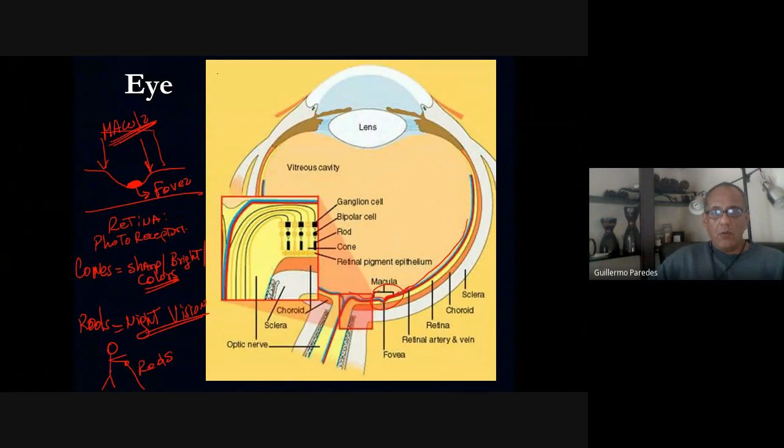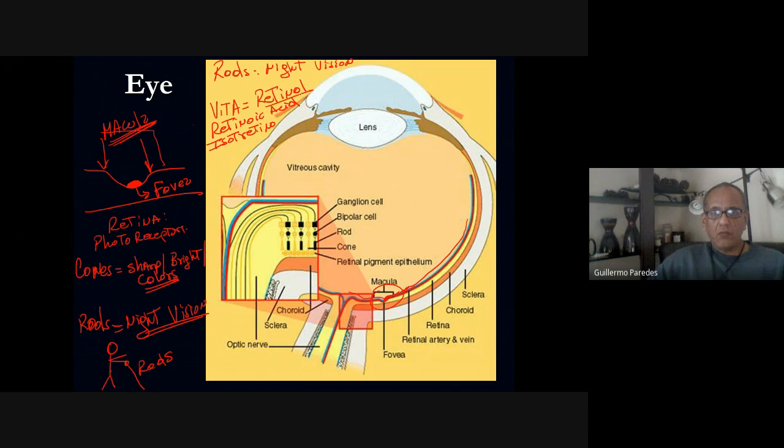Now, I just want to explain a few things here. The rods are for night vision. Question for the exam. We have the vitamin A. The vitamin A is called retinol or retinoic acid, isotretinoin.